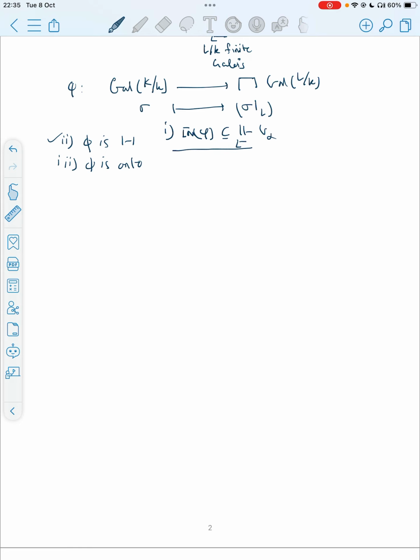And this thing basically follows from finite Galois theory, which you can check. And surjectivity again follows similarly because you start with a bunch of elements sigma suffix L for each finite extension L over k that is compatible, because by virtue of 1 you already know the image lands inside the inverse limit.